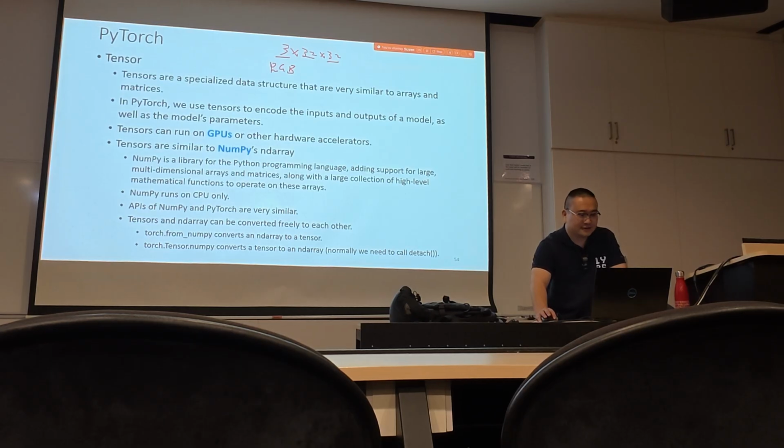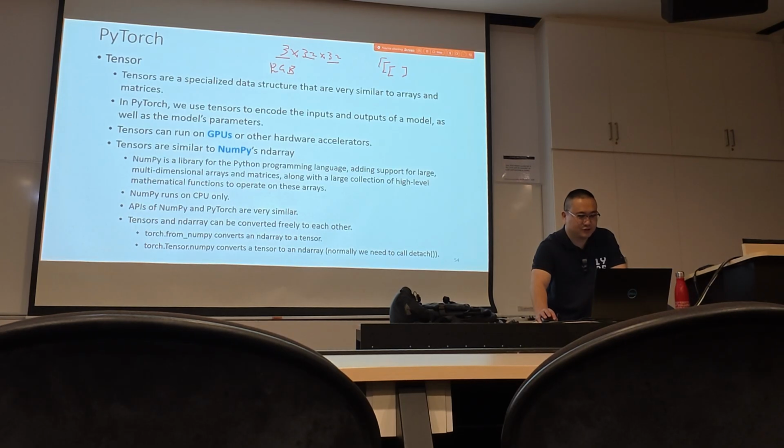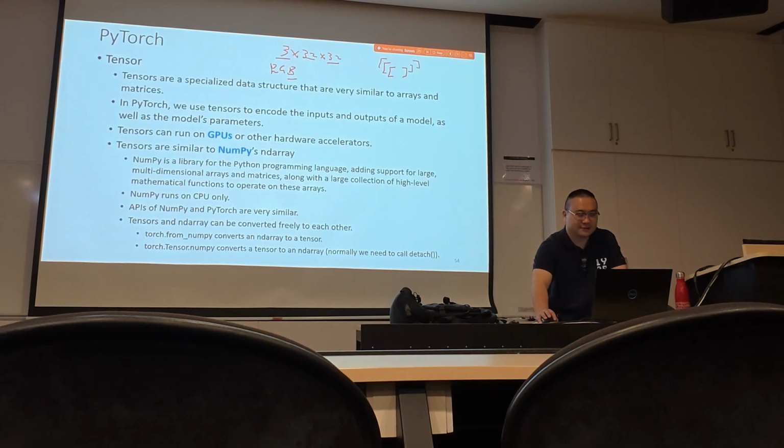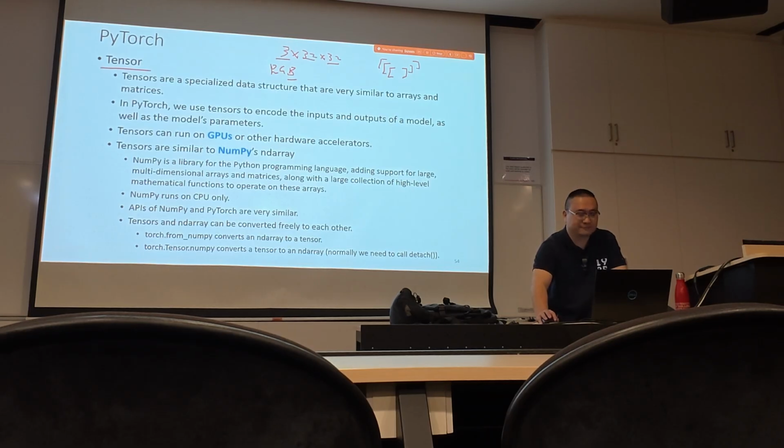But we can stack 3 matrices together: a matrix for the R channel, a matrix for the G channel, and a matrix for the B channel. We stack them on top of each other, and then we get a tensor. So you can simply consider that a tensor is an extension of a matrix to higher dimensional space. So that's tensor.